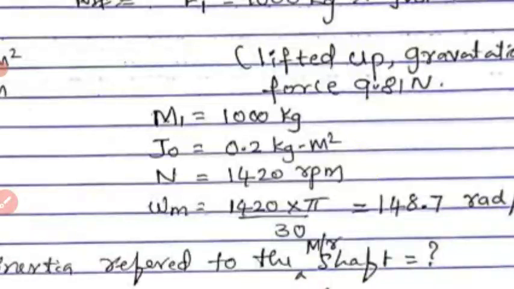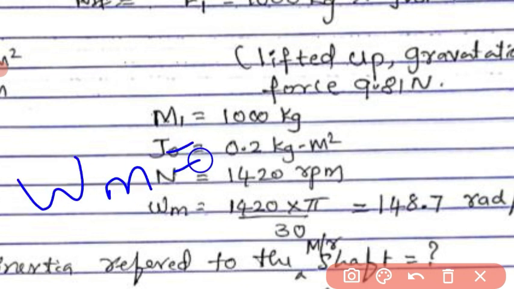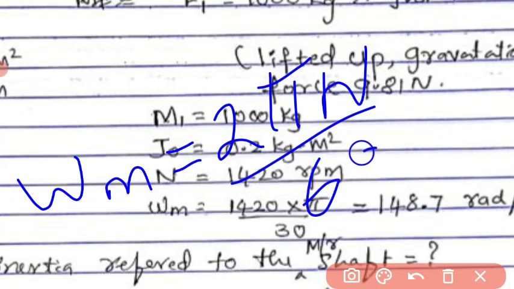Omega m is equal to 2 pi n divided by 60, so 1420 into pi divided by 30.